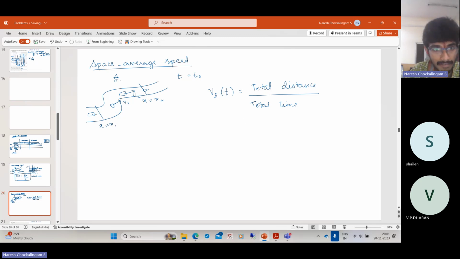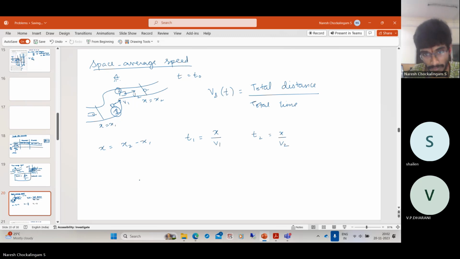The first vehicle in a given time will travel the entire stretch, x equal to x2 minus x1. Let us call this vehicle 2. The time taken for vehicle 1 to cover a distance x is x by v1. That is t1. And the time taken for vehicle 2 is t2, which is x by v2.